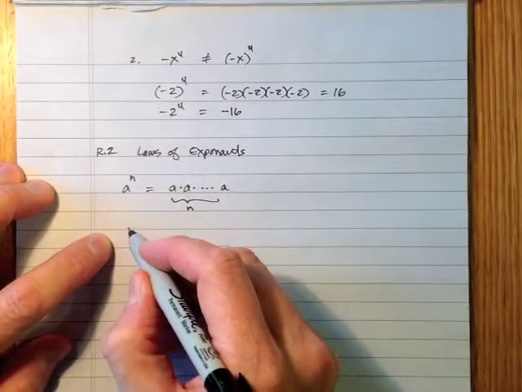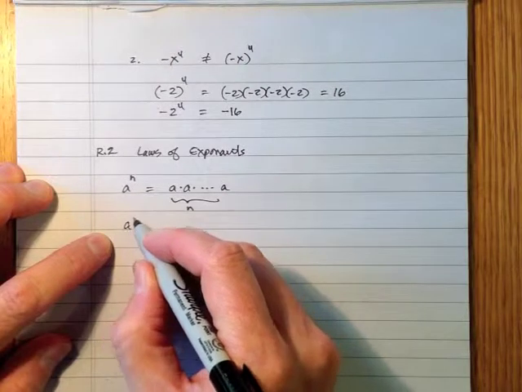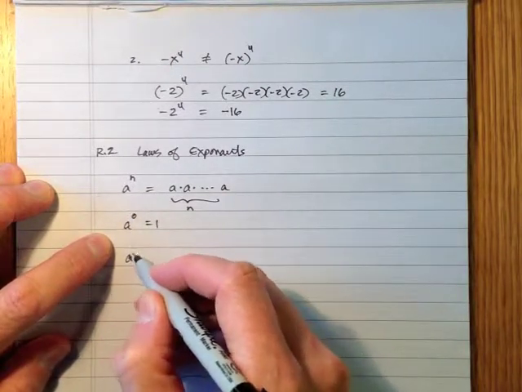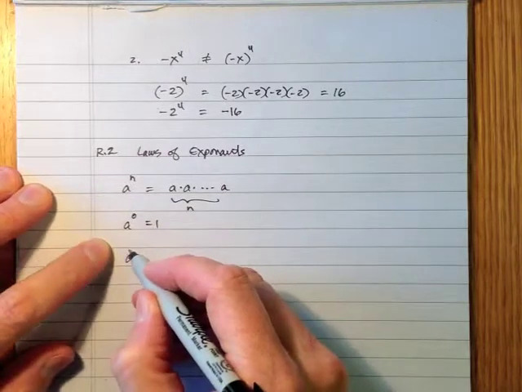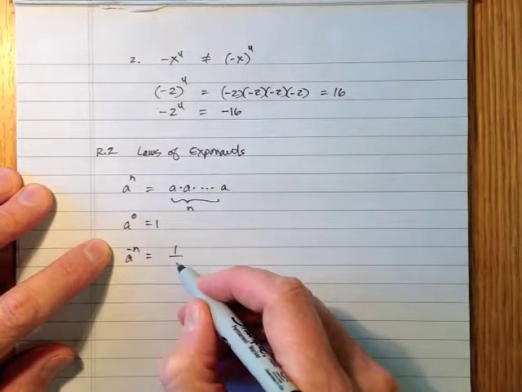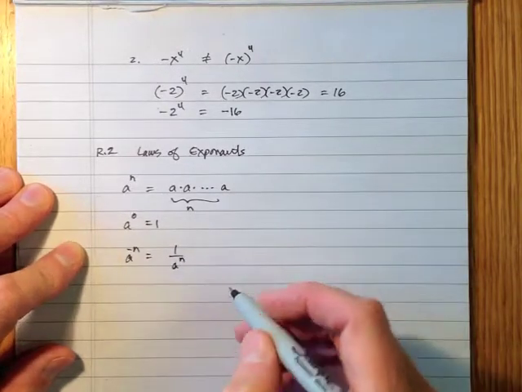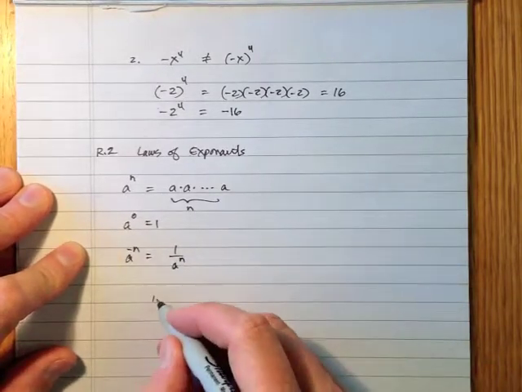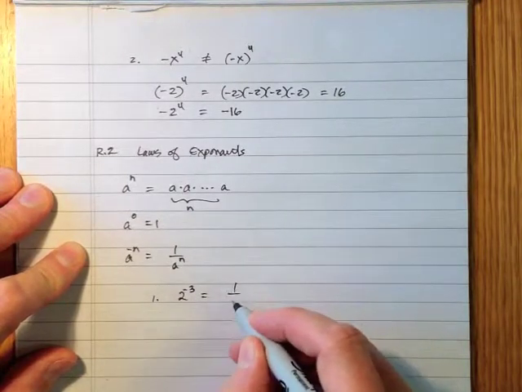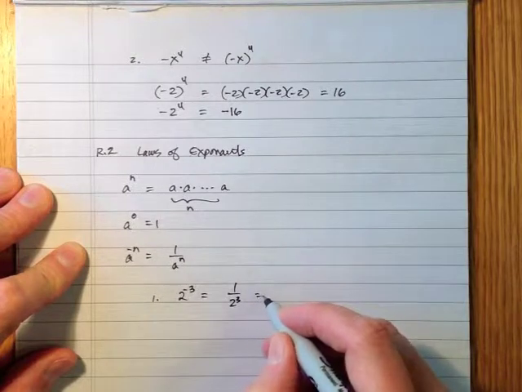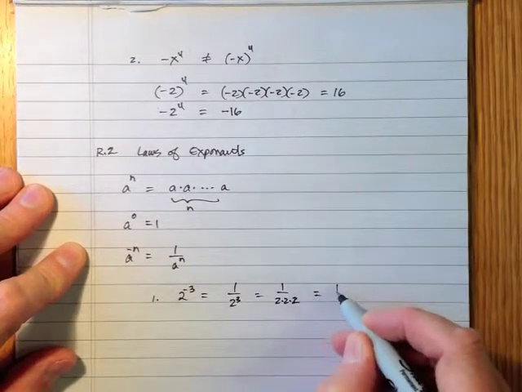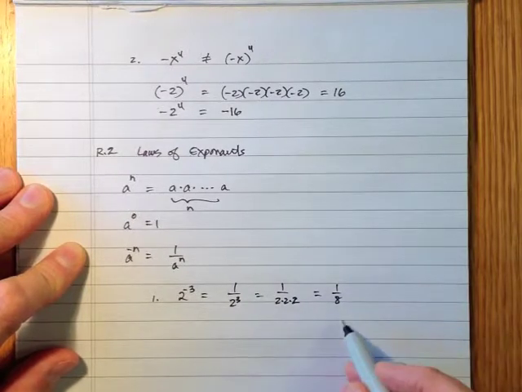And then we have this convention that a to the 0 stands for 1, and if the exponent is negative, like in a couple of examples ago, a negative exponent means a positive exponent on the denominator. So for example, 2 to the negative 3 is 1 over 2 cubed, and 2 cubed is 3 copies of 2 multiplied together, so 2 to the negative 3 is 1/8.